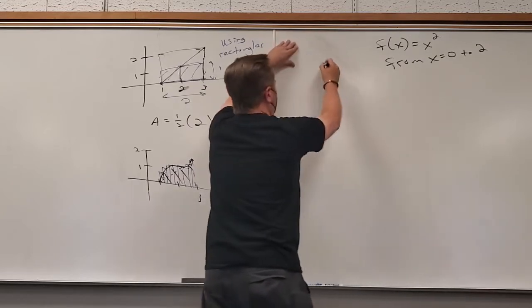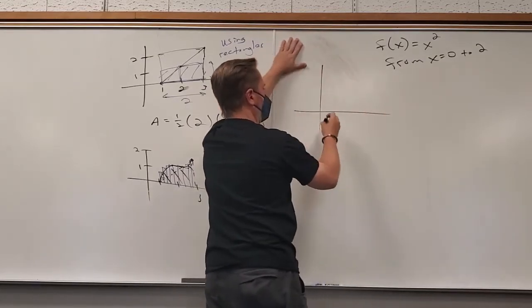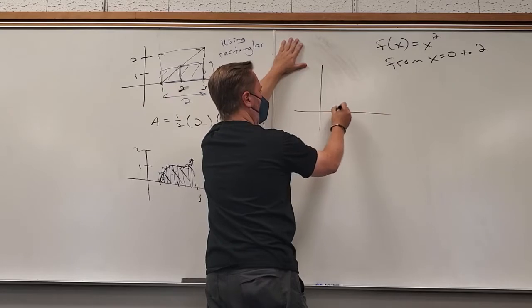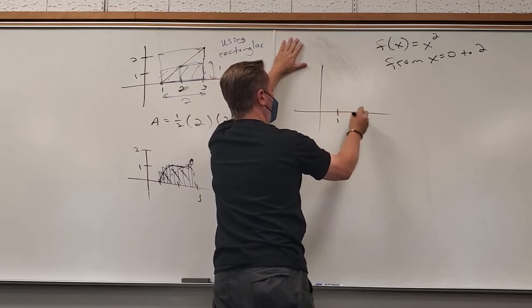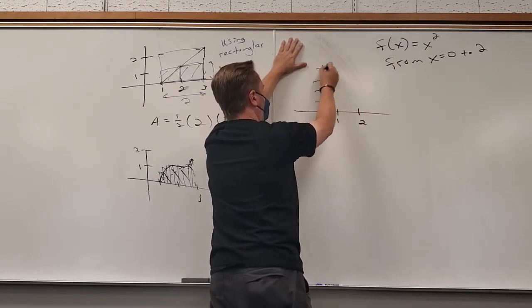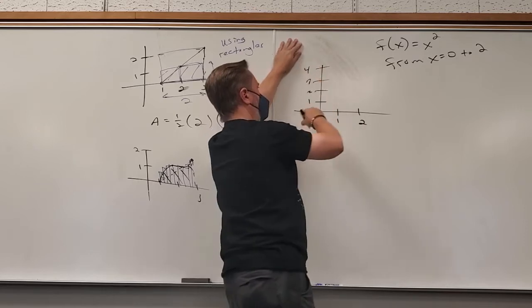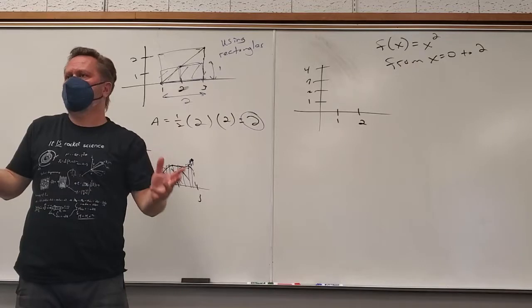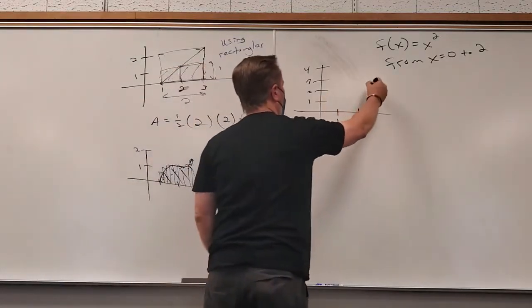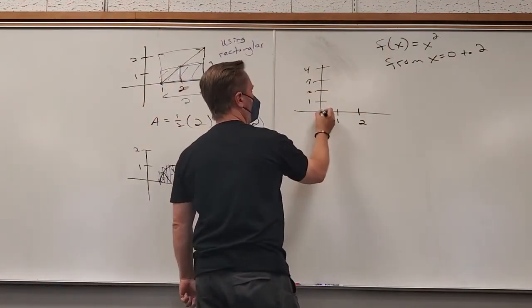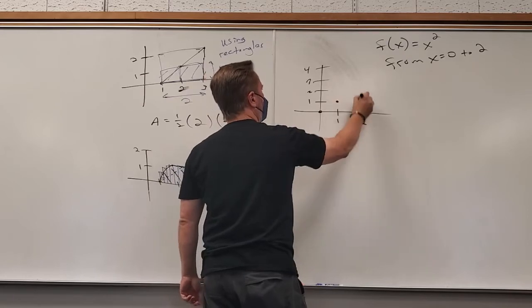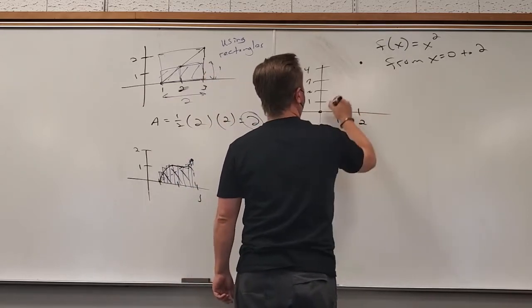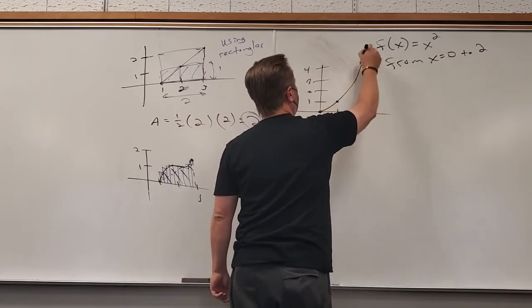Let's see, a little more room. 0 to 2. All right, so just graph the part that matters here. I'm not going to graph this part, it doesn't matter. I'm not going to graph past 2. So 0 is 0, 1 is 1, 2 is 4, and there's our nice parabola.